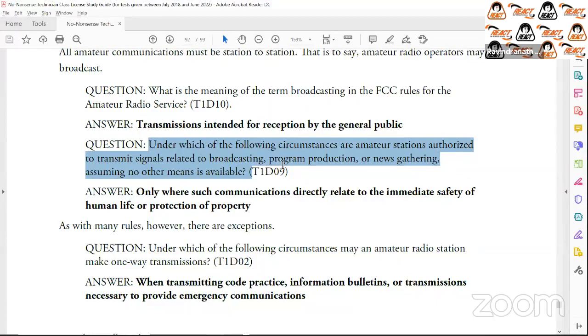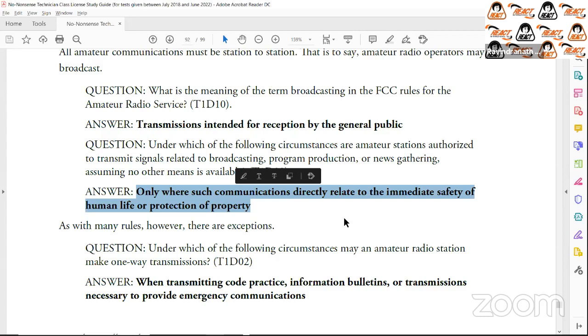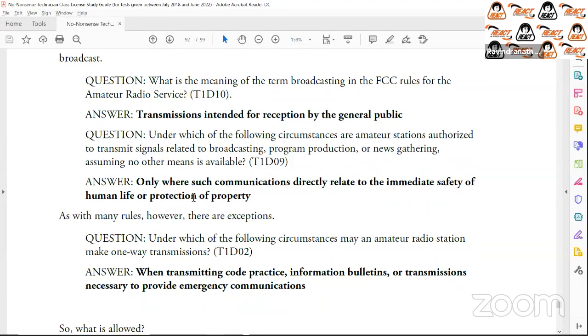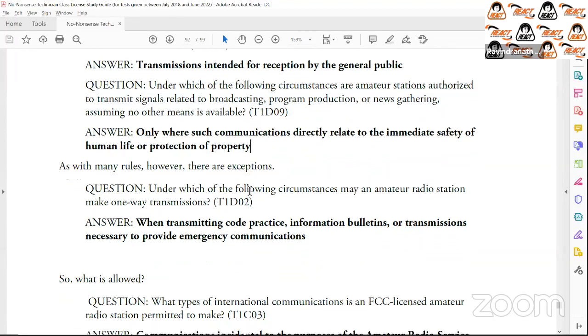Only when such communication directly relates to the immediate safety of human life or protection of property. In other words, life and limb, all right? People are in danger, you could save a life. That's the only circumstance. Makes sense, huh?